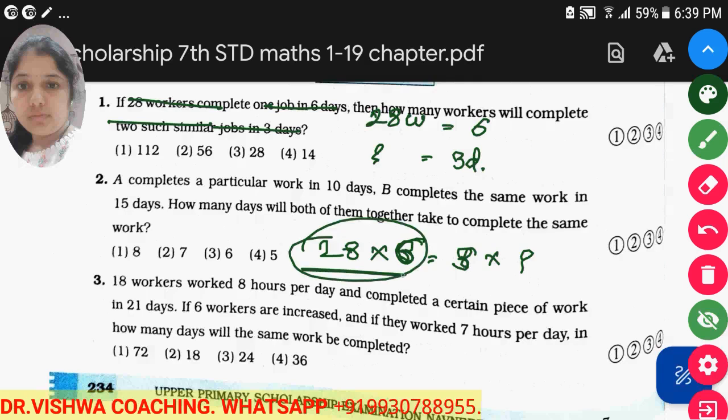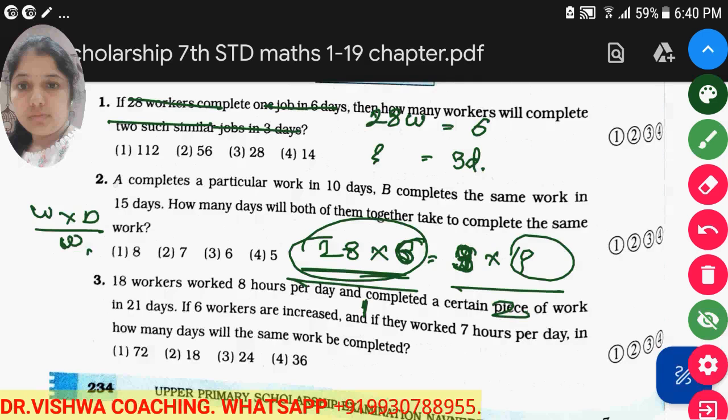If 28 workers do one job in 6 days, how many workers can complete 2 jobs in 3 days? So the formula is men into days upon work done is equal to men into days upon work done. One work is completed by 28 men in 6 days. 3 days are there. How many workers will complete two such jobs?